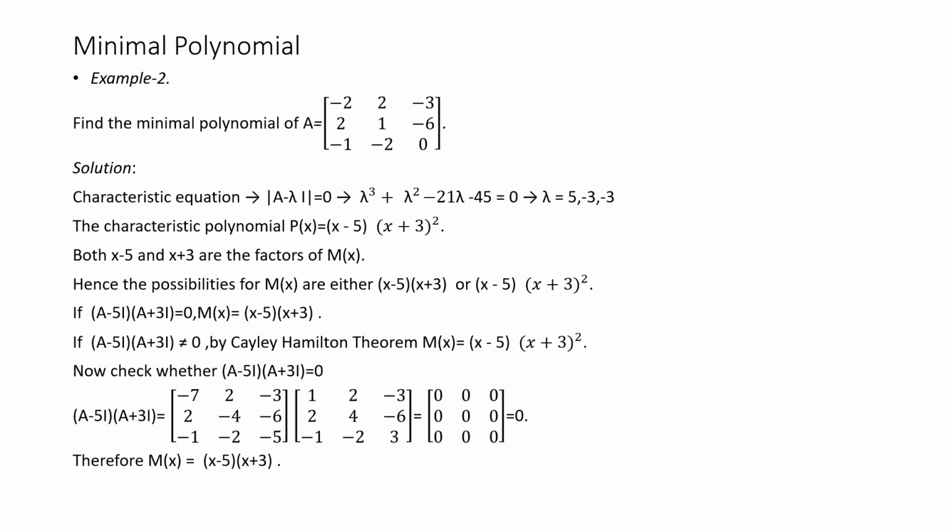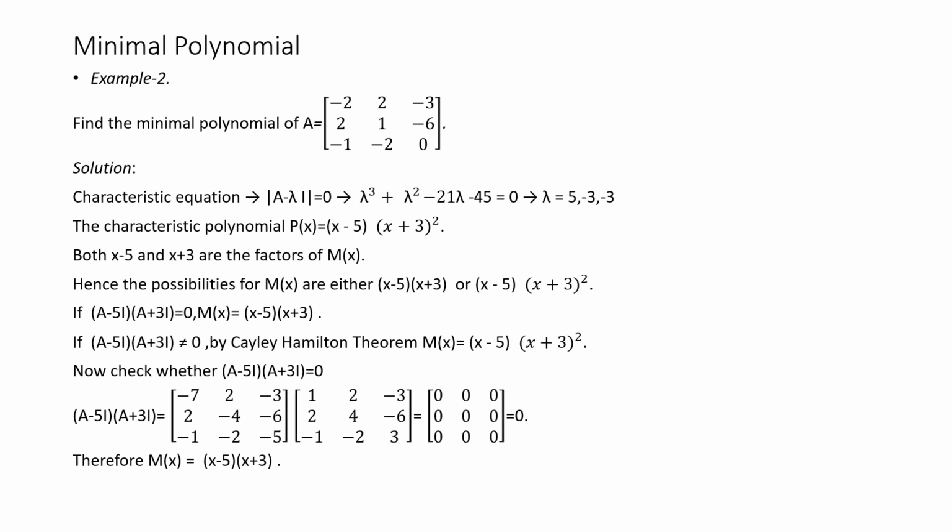Now we will check whether A minus 5I into A plus 3I equals 0 or not. If it is equal to 0, x minus 5 into x plus 3 is the minimal polynomial. If it is not equal to 0, the characteristic polynomial itself will be the minimal polynomial.